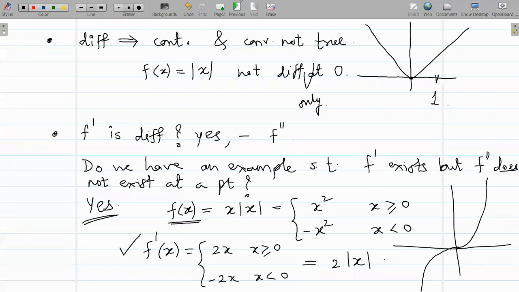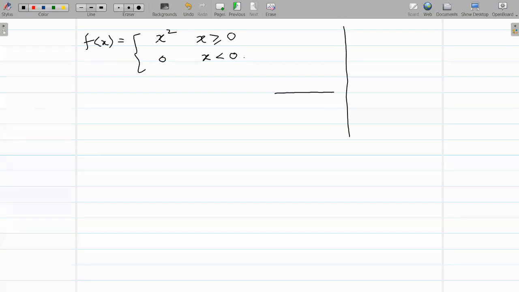Right? In fact, several ideas are there. Like I can construct it in this way: f of x is equal to x square for x bigger or equal to 0 and 0 for x less than 0. So this is 0 for all negative values, and after this it becomes x square.